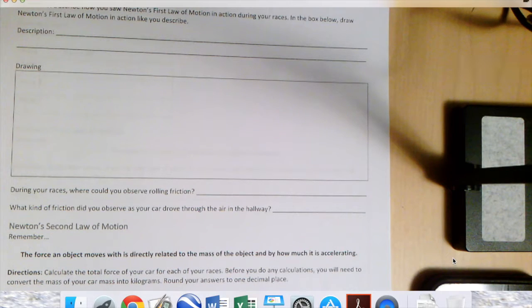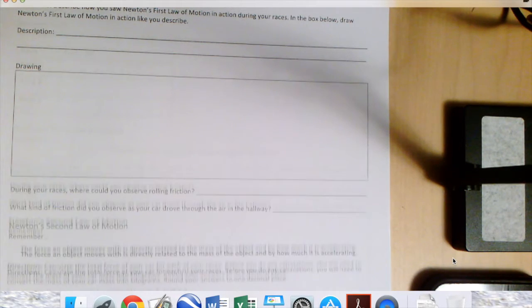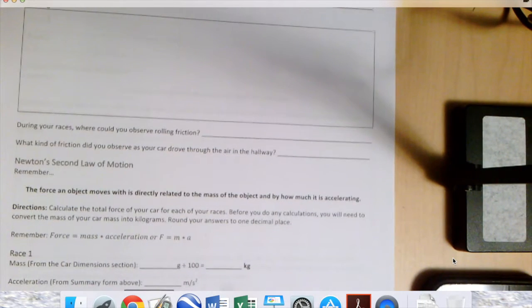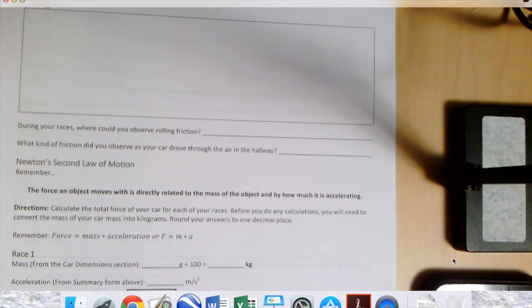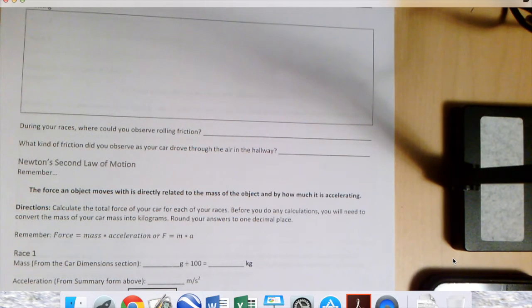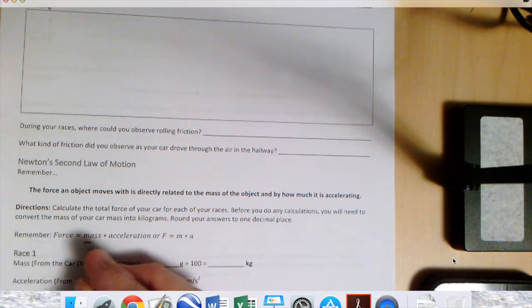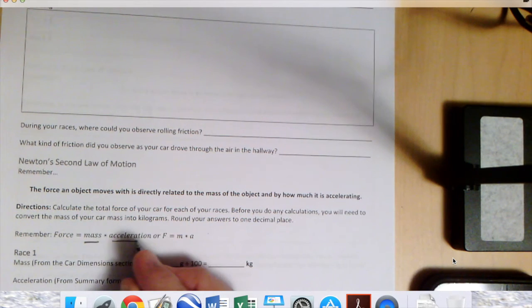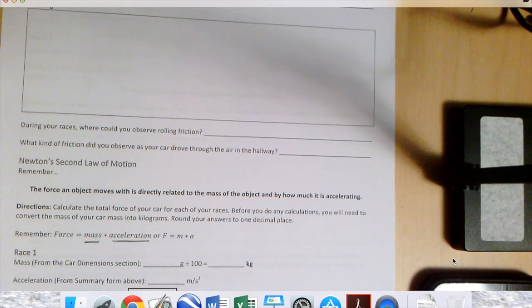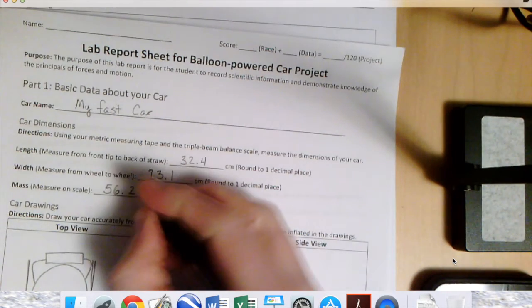Okay, so now we're on to Newton's second law. Remember Newton's second law, we determined force. Force equals mass times acceleration, or F equals ma. So we need our mass and our acceleration. Now, we put our mass in our very first thing in our lab information where we figured it out in grams, right here.